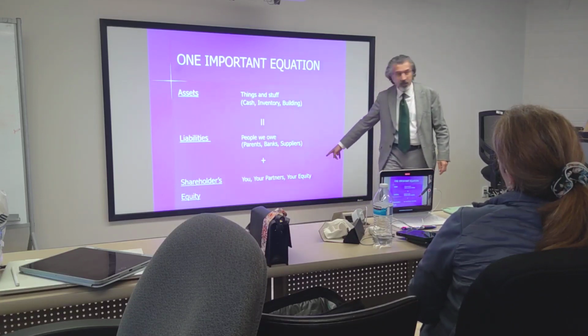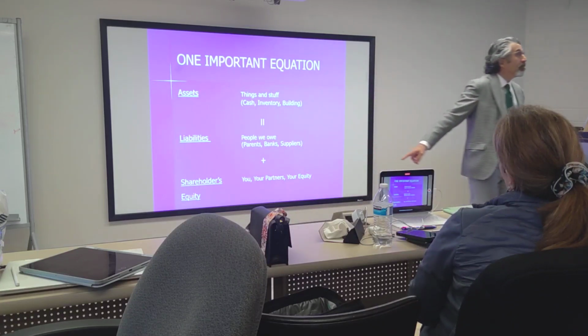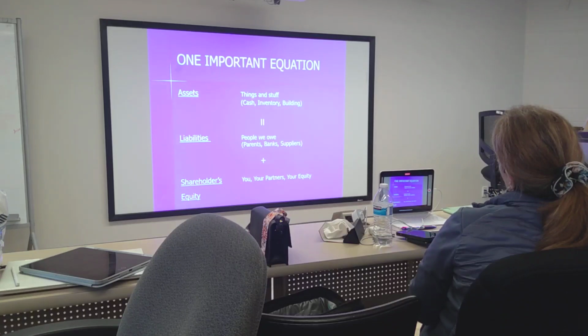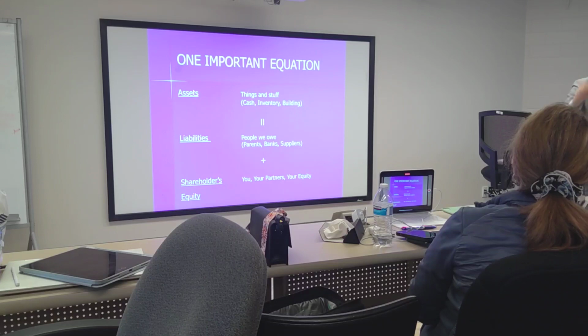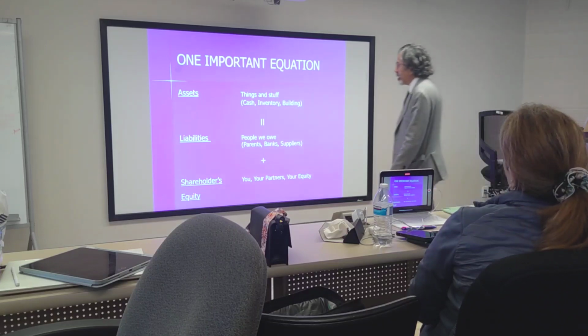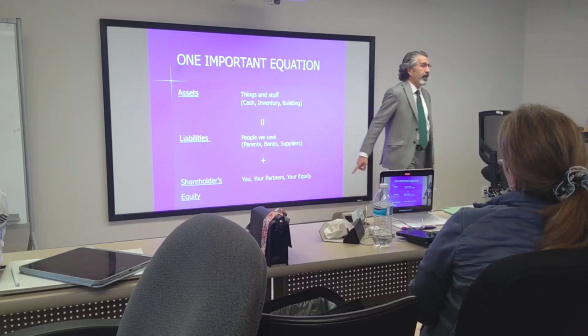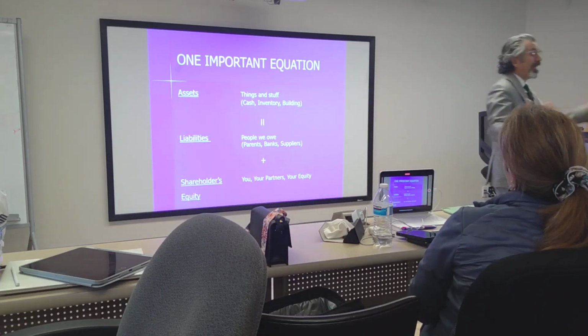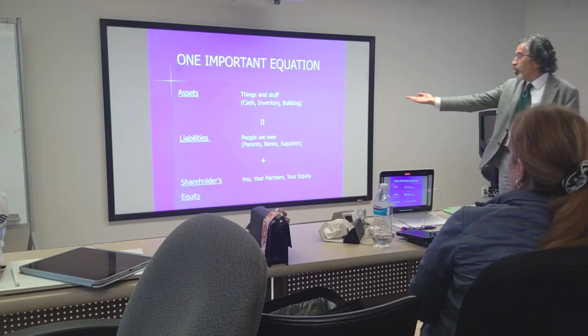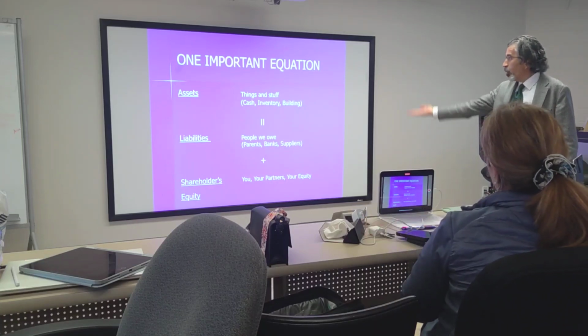The other $10 was his own money. The asset that you invest in always has a value equal to the liabilities, if you owe somebody some money, plus shareholders' equity. If he had the $20 to begin with, obviously he would not have any liabilities, it would just be 20 equals 20.